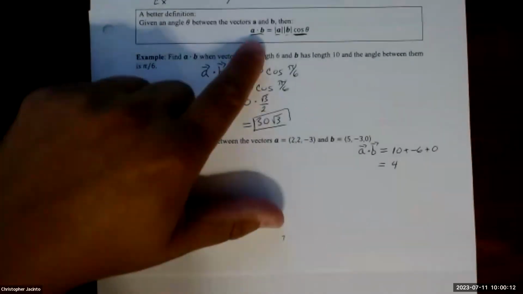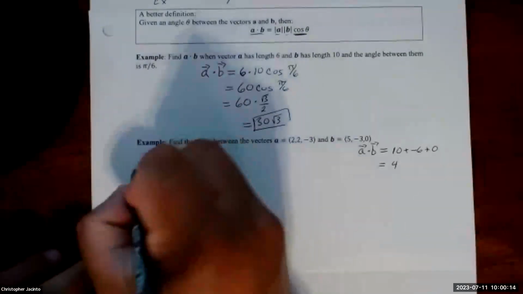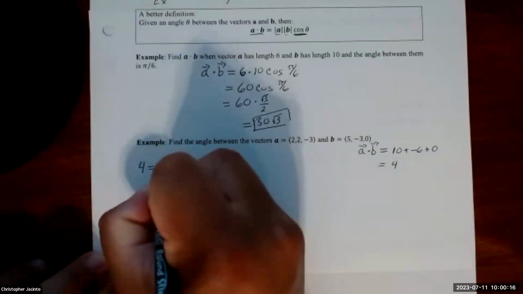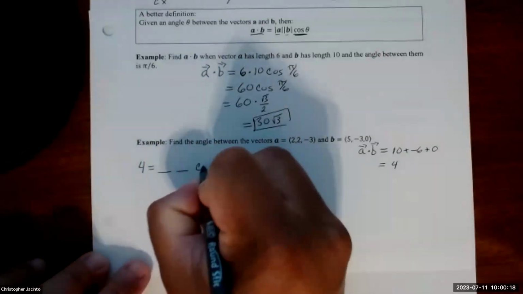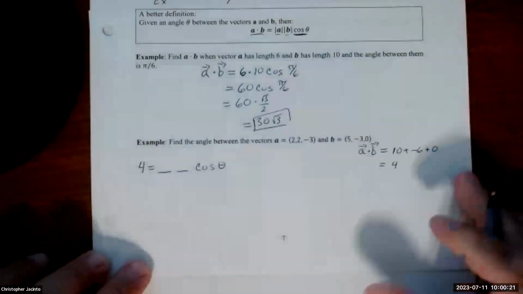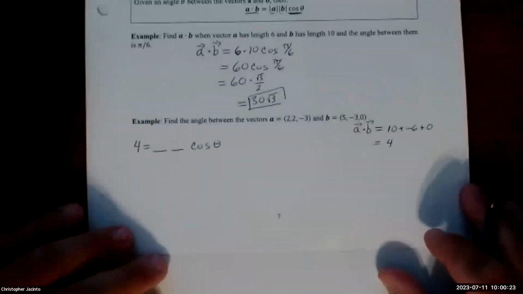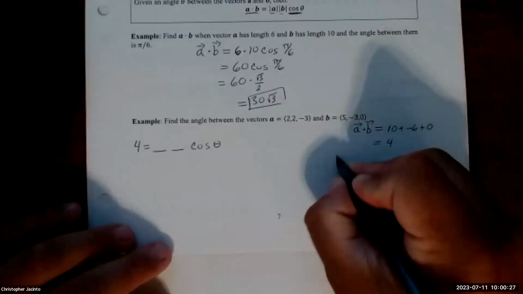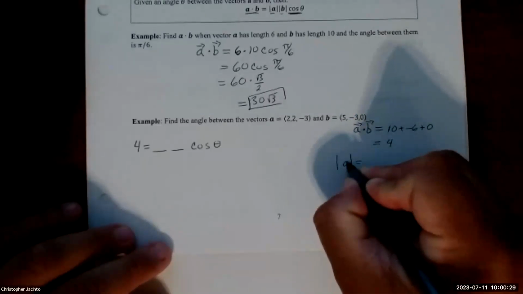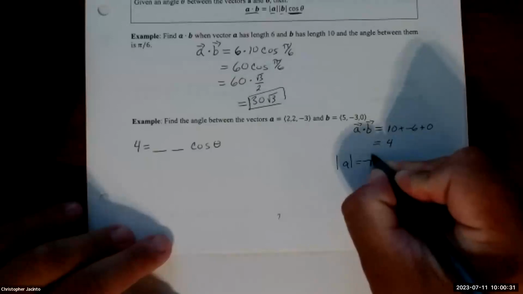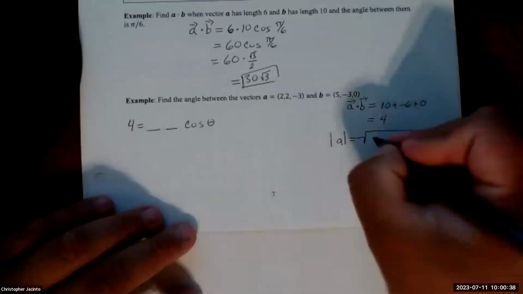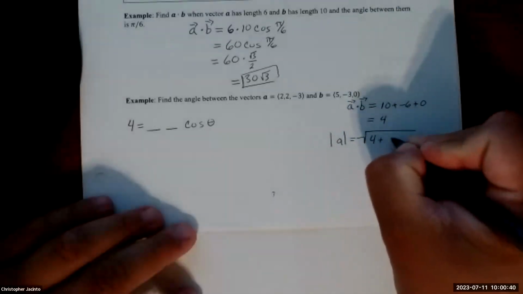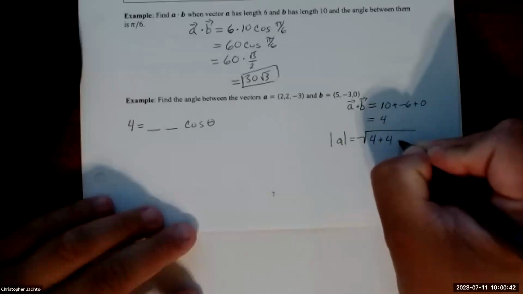So check, we got this. So we know 4 equals something. I'll just do this for sake, in an equation. So next we want to find the length of A and B individually. The length of A is the square root of each component squared and summed, right? So 2 squared is 4, another 2 squared is 4, -3 squared is 9.